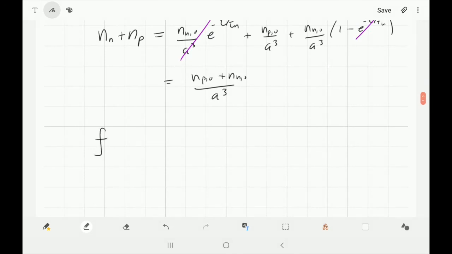The fraction that we're interested in, again, which is the number density of neutrons divided by the number density of protons when nucleosynthesis occurs.